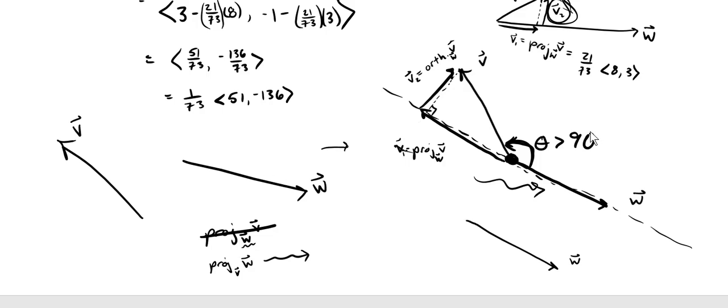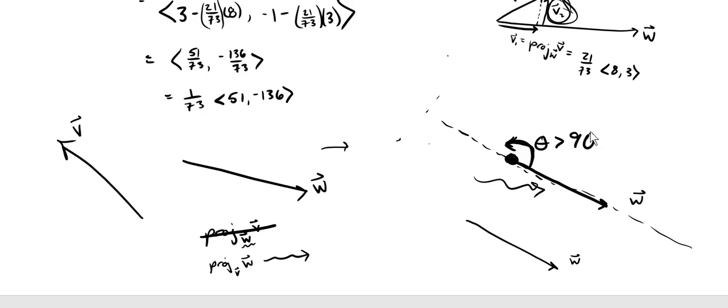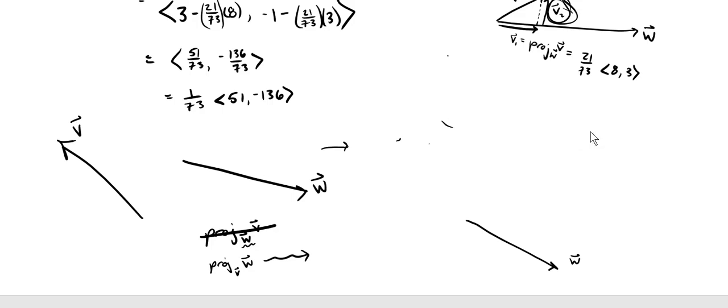I'm running out of room. Make some room. Making some room here. There's my W vector. I'll say V looks roughly like this. That's not perfect. That's the best I can do right now.